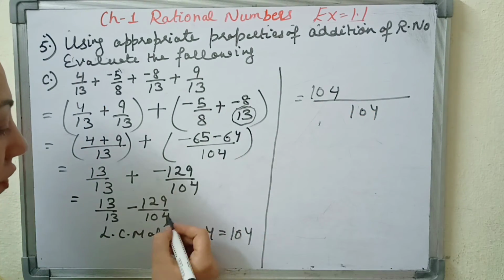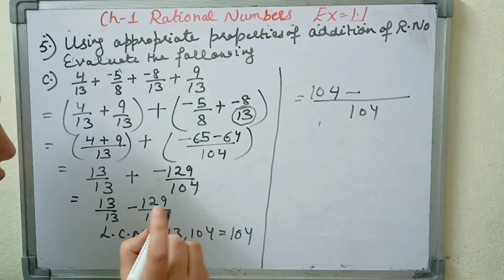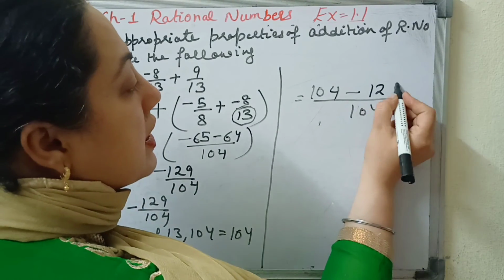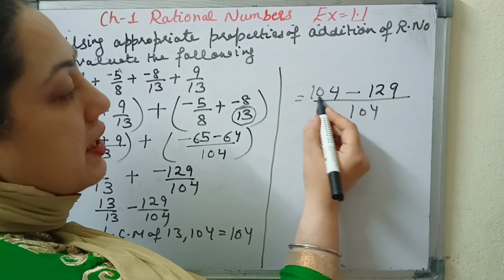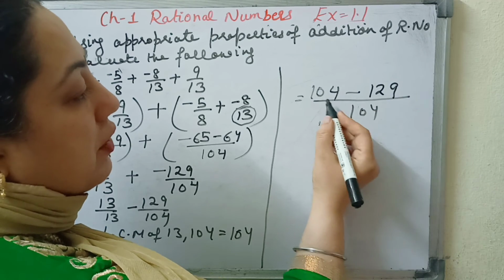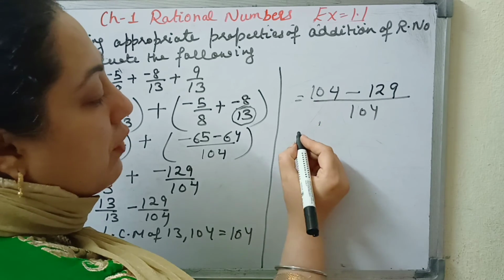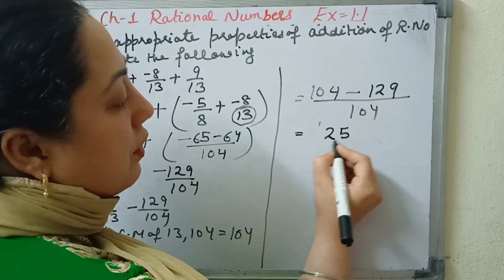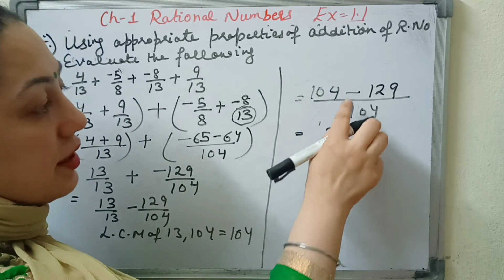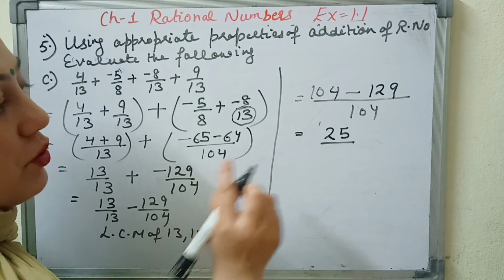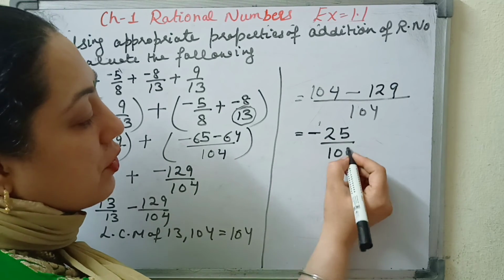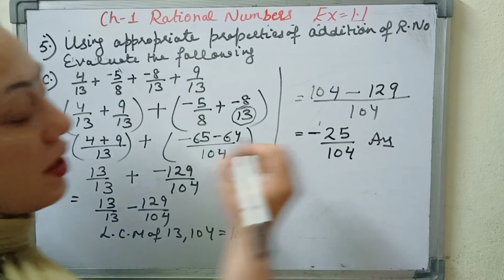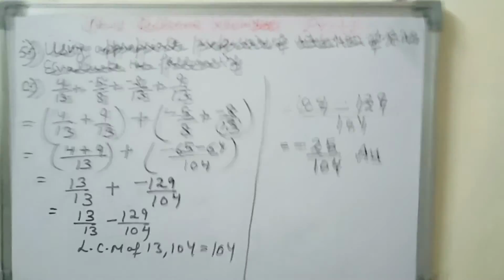Now 104 divided by 104 is 1, and 1 multiplied by 129 is 129. Now 104 minus 129, plus minus is minus, and when we subtract 104 from 129, we get 25. But we put the sign of the greatest term, and the greatest term is 129, and its sign is negative. So I put negative here. So the answer is minus 25 over 104.